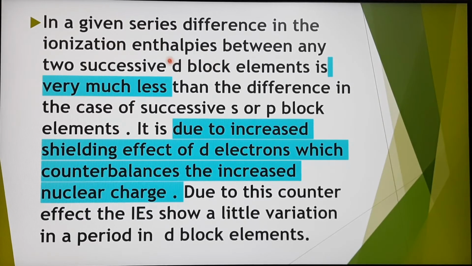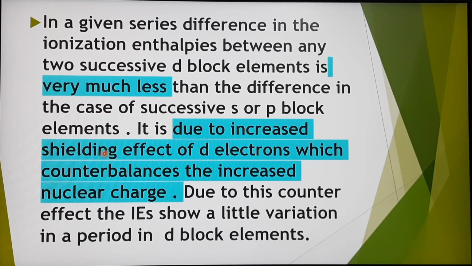Now next, if we compare ionization enthalpy of transition metals with the s and p block elements, the difference in ionization enthalpy between two successive d block elements is very much less than the difference in the case of successive s or p block elements.